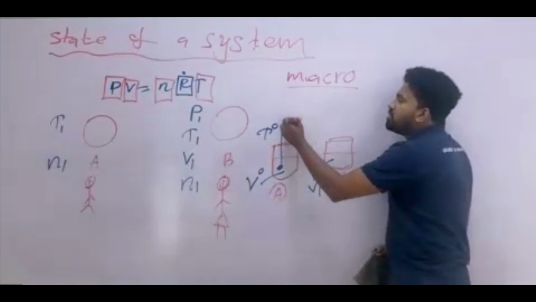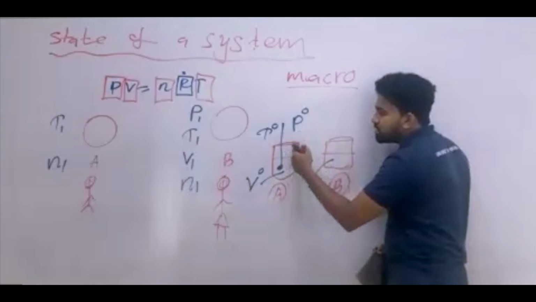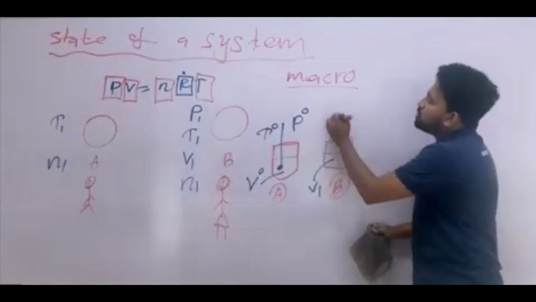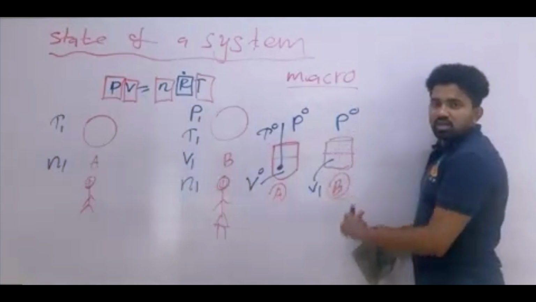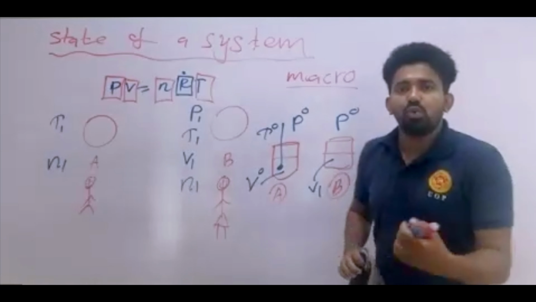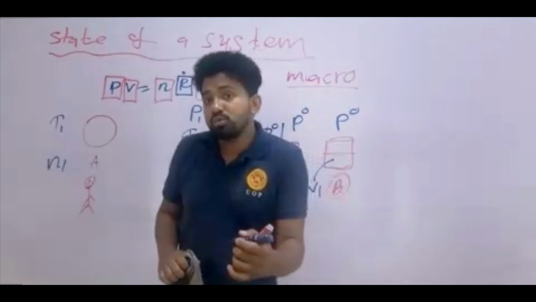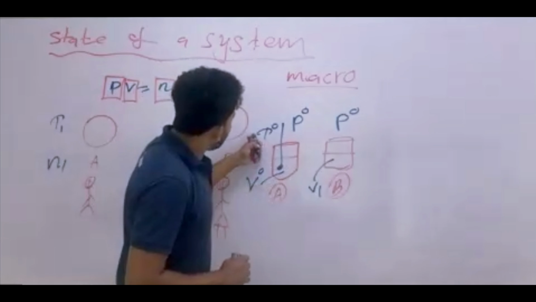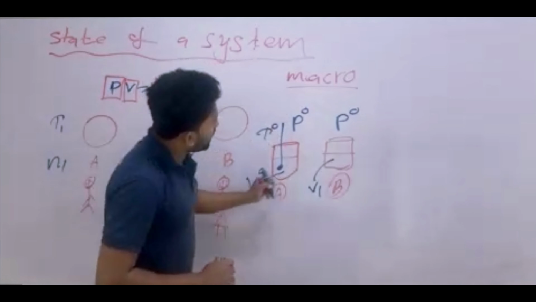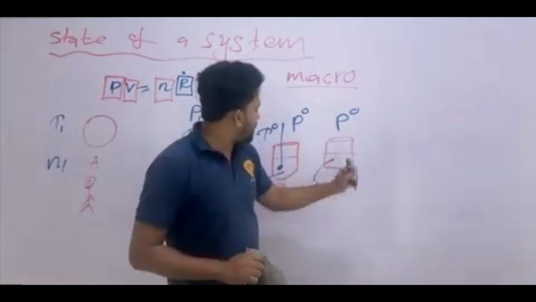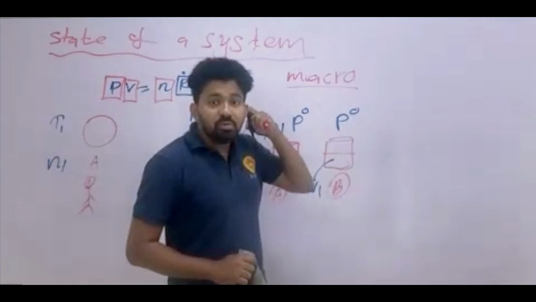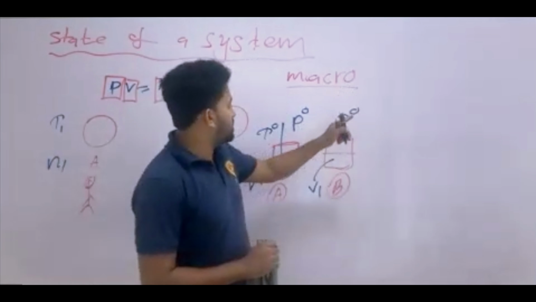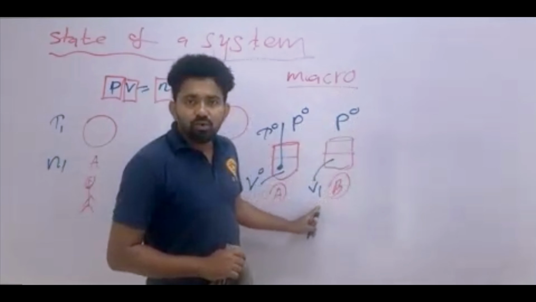Likewise, we know the pressure, that is atmospheric pressure when it is open, and here also the pressure is atmospheric pressure when it is open. When something is open, the pressure is equal to the atmospheric pressure. So here we know the temperature, pressure, and the volume. And here we only know pressure and the volume of the system. It means we only know two states, pressure and the volume.